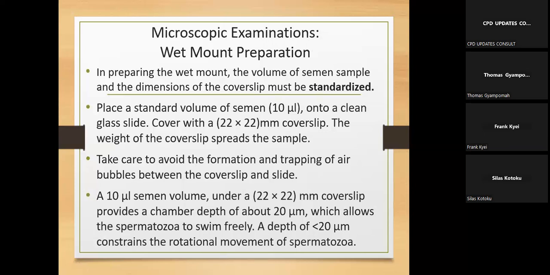You can get 10 microliters if you have a micropipette. That would be fantastic. Even for the wet mount, you use the micropipette to take 10 microliters. If you don't have that, we have some transfer pipettes, especially the plastic type. Sorry, did I say the glass type?